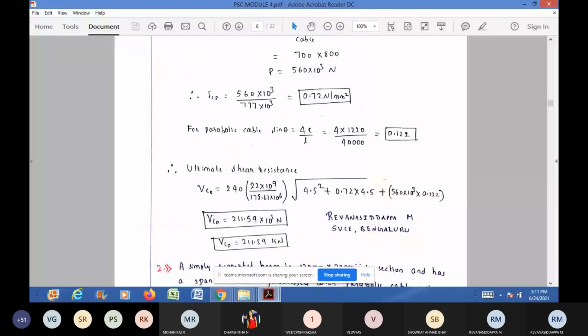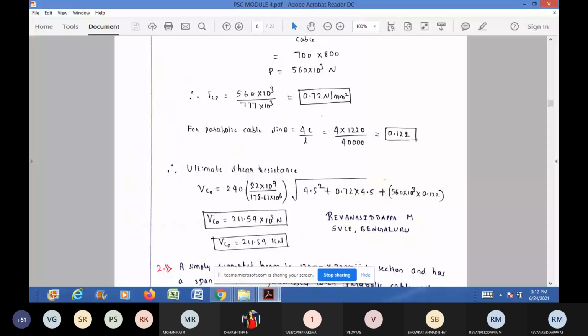Got it? Yes, sir. 211.6 into 10 power 3.